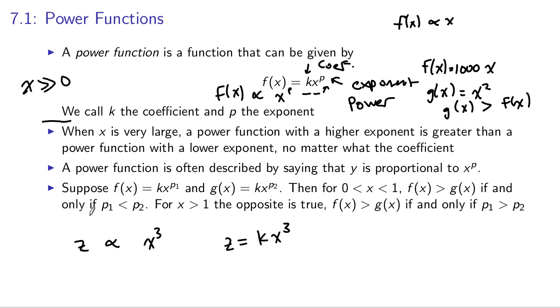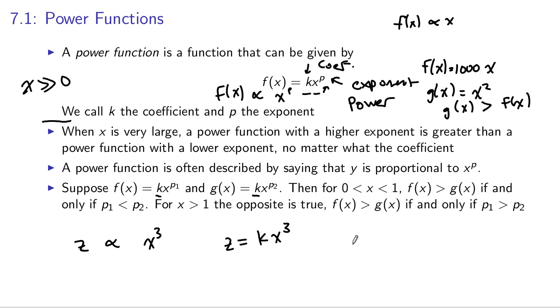Another tidbit about power functions is, suppose we have two power functions that have the same constant k, so this k is the same in both. Then over the interval 0 to 1, for the input x, f of x is bigger than g of x if and only if the exponent for the first function is smaller than the exponent for the second.